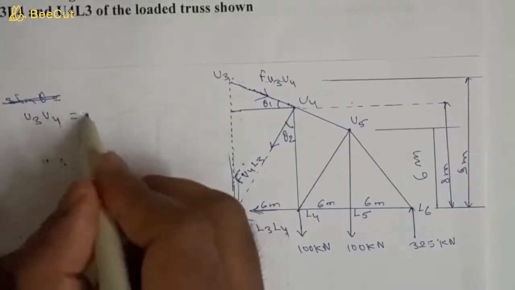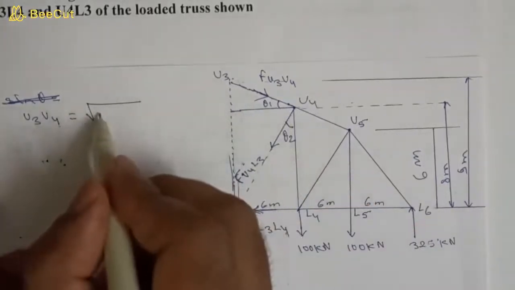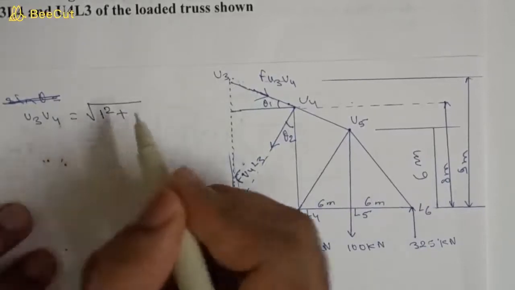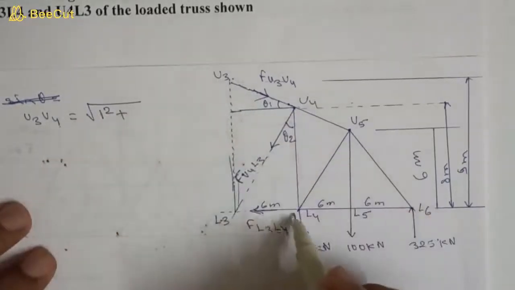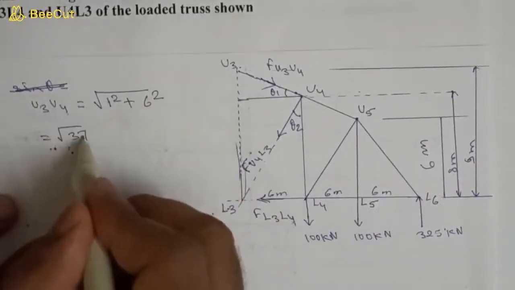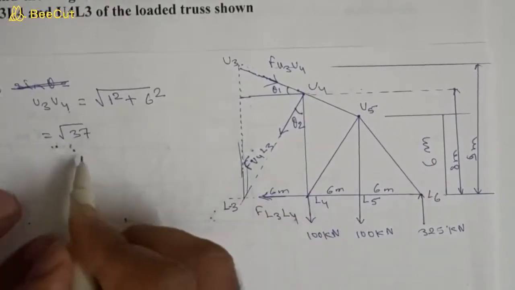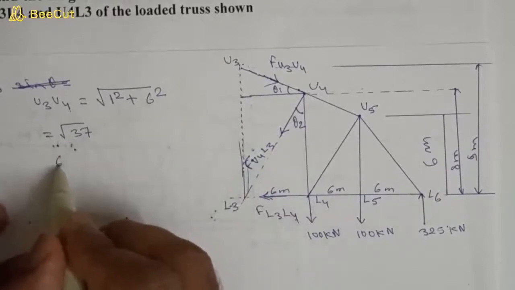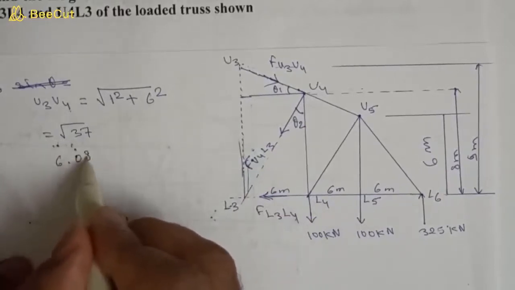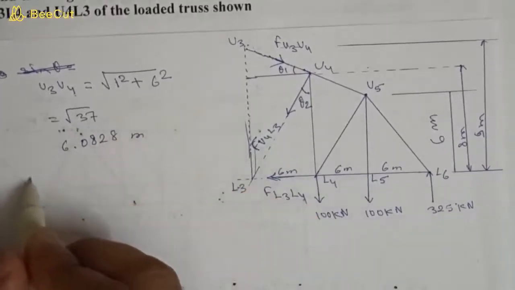So it will become root of perpendicular square plus base square. So it will become 1 square plus this is 6 meter, 6 square, so we will get root 37. Okay, so this is the length of u3 u4. Its value will become 6.0828 meter.